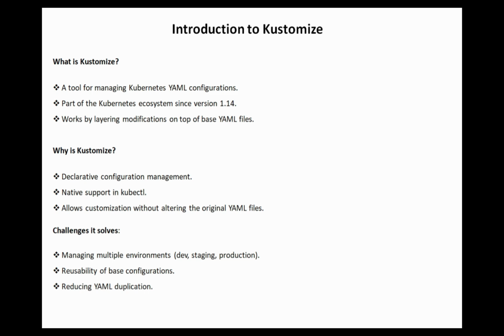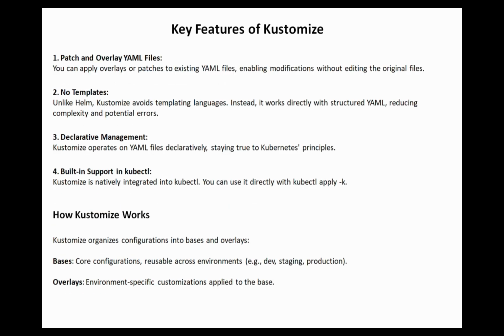It is available in that ecosystem from the 1.14 minor version onwards. So that's the high-level introduction for this. Now, some of the key features which we already discussed: there is no separate template required for this. Everything can be leveraged through a straightforward YAML format and reused in multiple places, and it's a very declarative kind of approach.